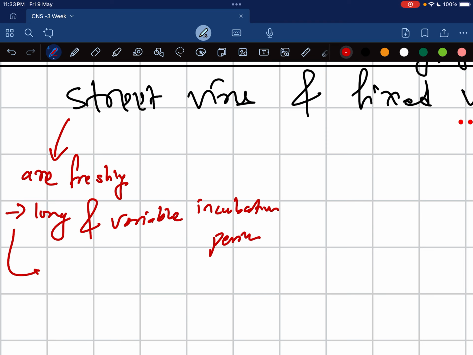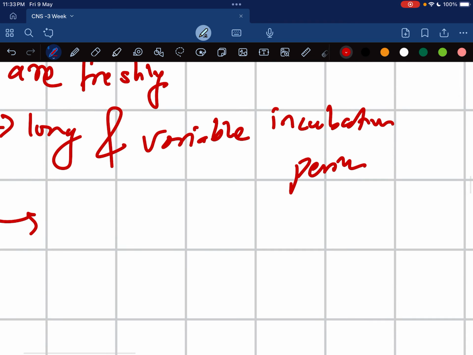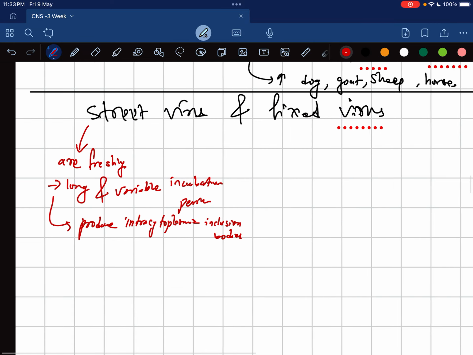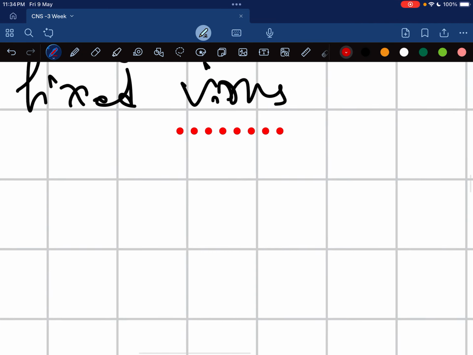Also, it produces intracytoplasmic inclusion bodies.